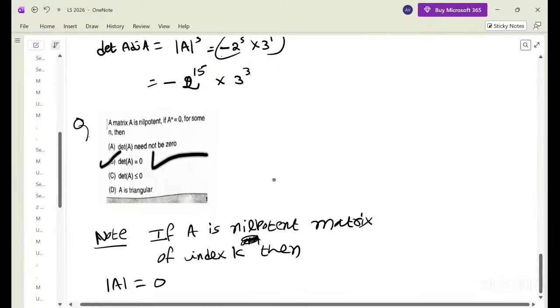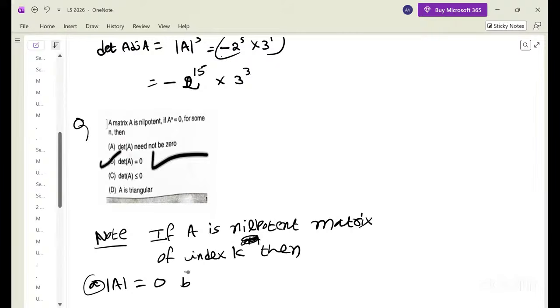Always 0, whatever may be the index. Second thing is all eigenvalues will be 0. Eigenvalues we will see later in future, but you have some background. This is not the first class for you. So all eigenvalues of A are 0.